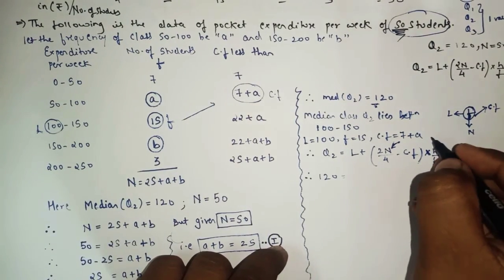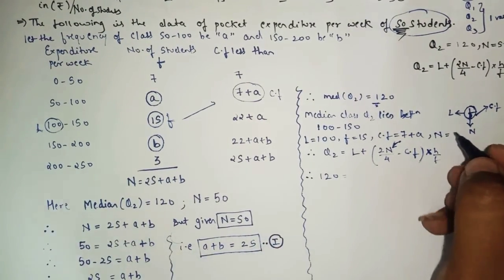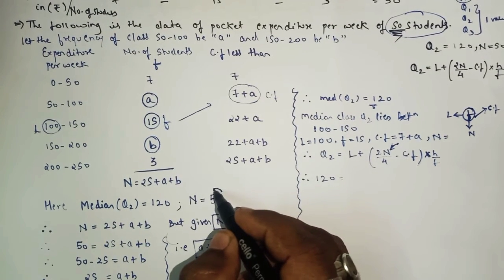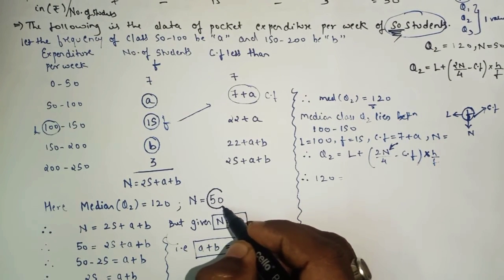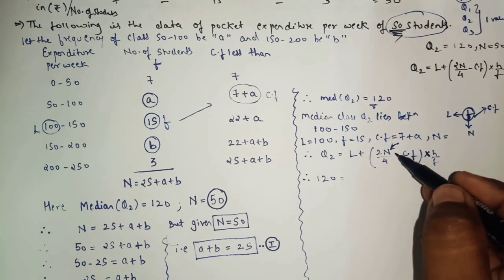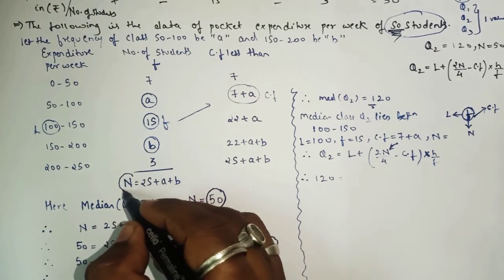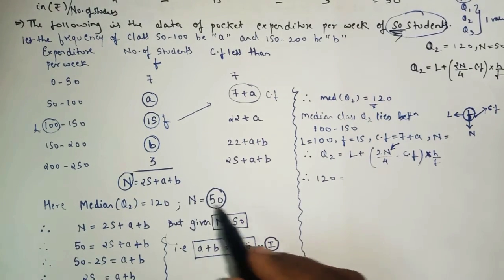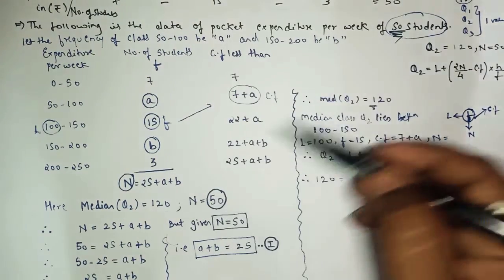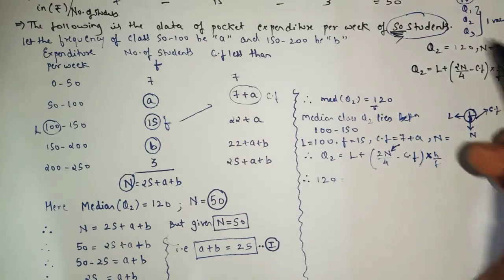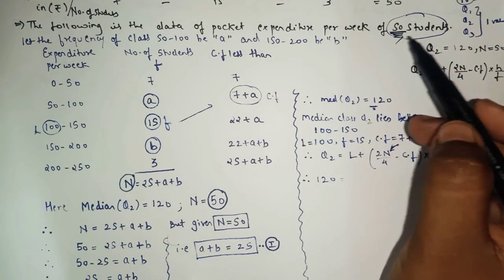Okay, and N is what? As we have the direct value of N, see which value you will put here, as here we have two values of N. You will put this value, as it is clearly mentioned that N is known as total frequency, as here clearly mentioned that 50 students are there.